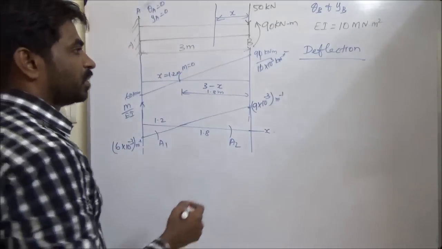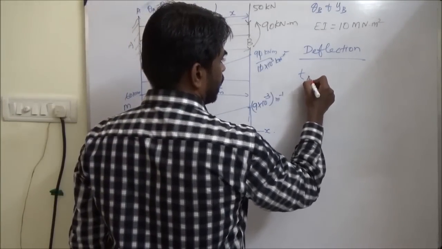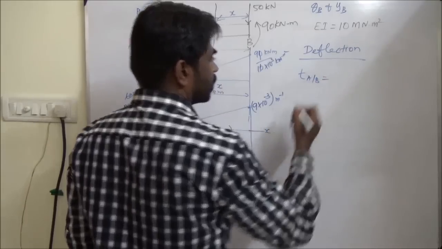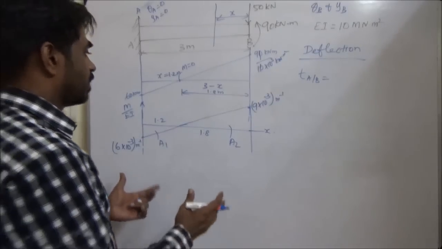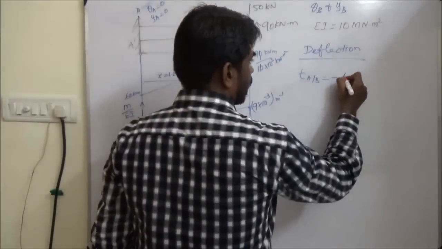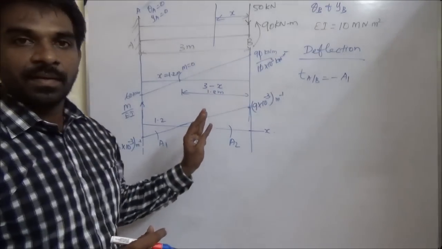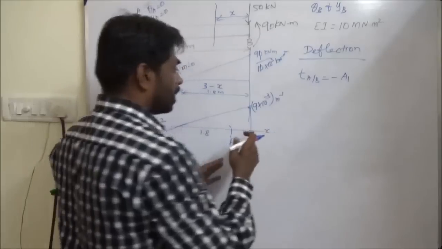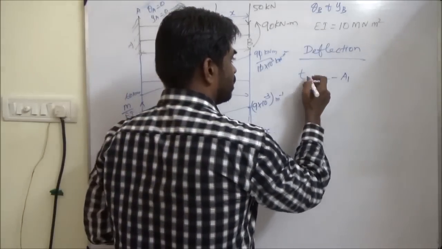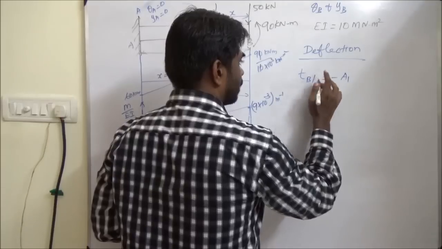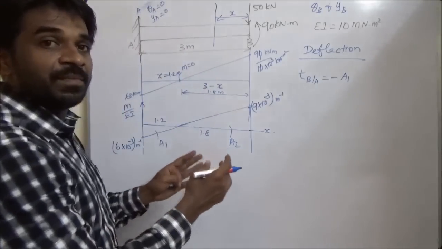Okay, so deflection t B by A equal to, okay, so this is minus A1 x1 bar plus A2 x2 bar, since we want the deflection at B, this is B by A. What does it mean?